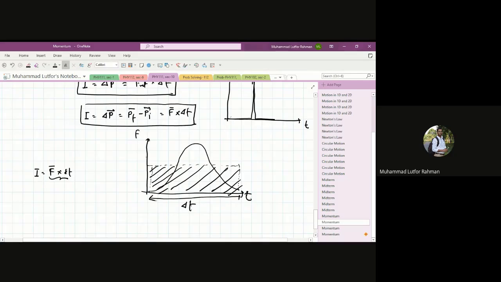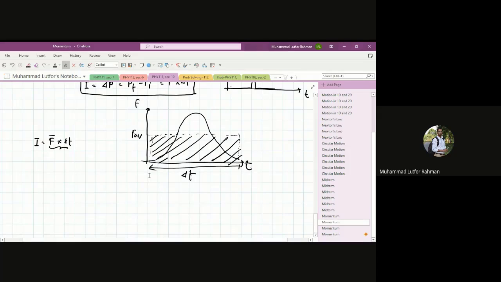Because if you take that length versus breadth of this curve, it gives you basically the area under this region. So that's why we say that this force would be the average force from this curve. And this average force you can find out from the change of the momentum. So that's why this impulse momentum theorem is sometimes very useful to find out the average force during that collision.